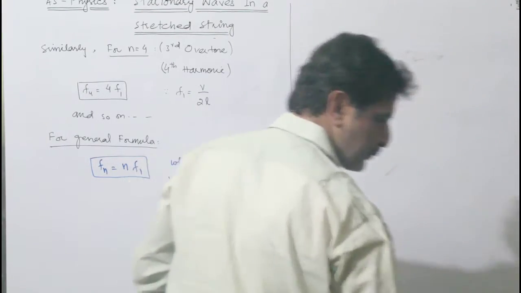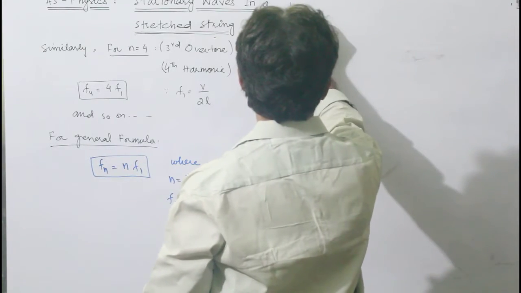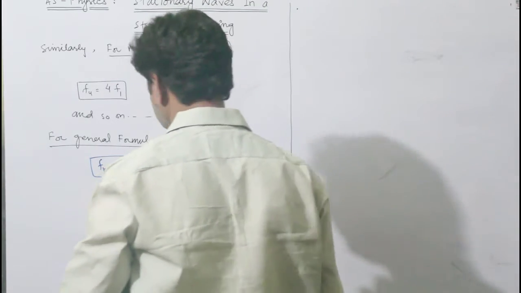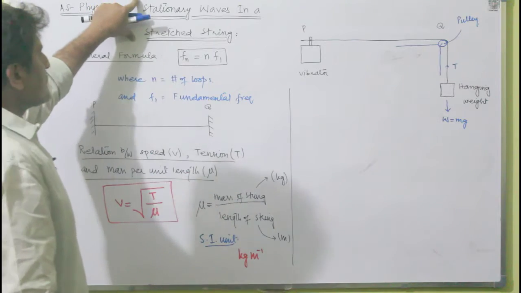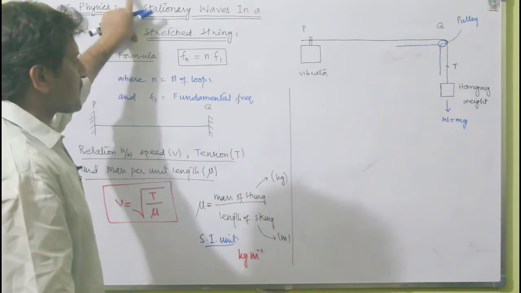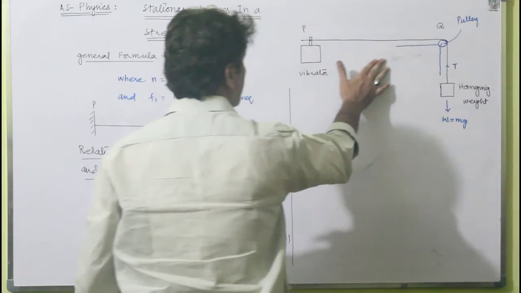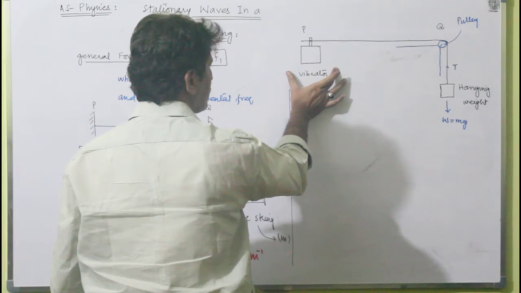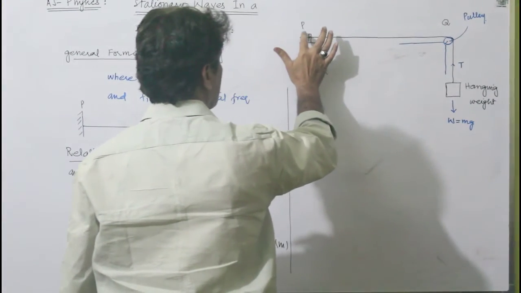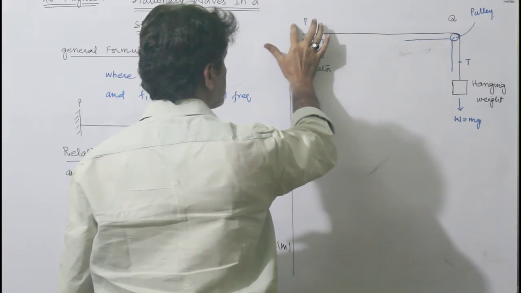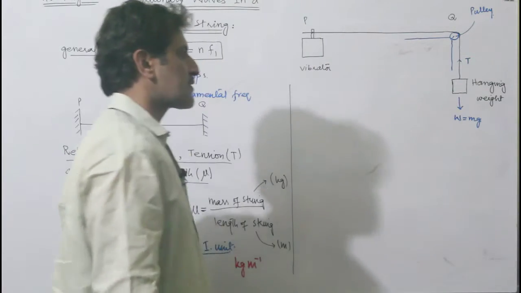As we know that according to the formula, students, in the topic of stationary waves in a stretched string, we have started that topic from the laboratory experiment apparatus, in which we have the vibrator and a string horizontally connected with this vibrator, and this oscillator can move vertically upwards and downwards. By this movement we can generate the stationary waves in this string.